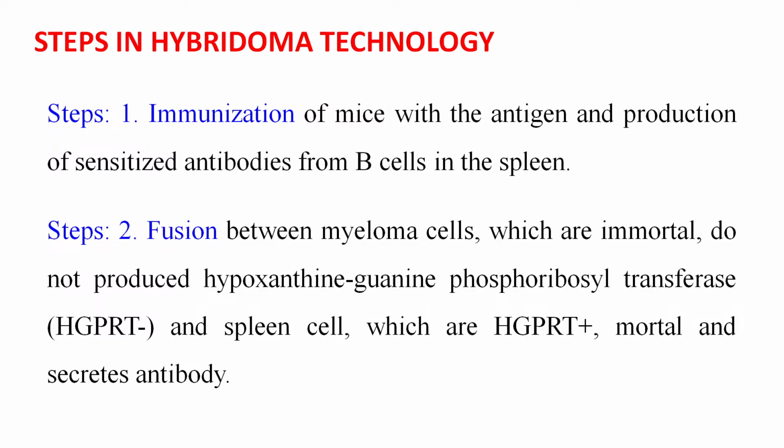Right? And the second type of parental cell that has to be fused is the spleen cell, which has these activated B cells. So these spleen cells, they have not been modified in any way. So these are HGPRT plus, that is the HGPRT enzyme producing gene is active in the spleen cells. So these spleen cells are completely normal.